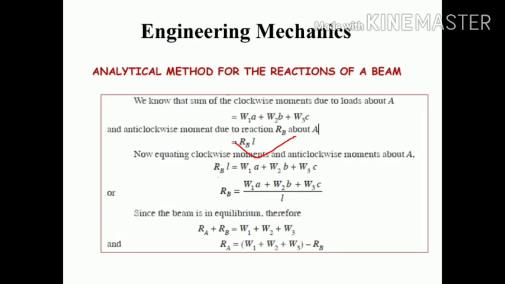According to the law of moments, the clockwise moment equals the anti-clockwise moment. Then RB into L equals W1a plus W2b plus W3c, so RB equals W1a plus W2b plus W3c divided by L. Putting this value of RB into RA plus RB equals W1 plus W2 plus W3, which I already told you previously, we find RA equals W1 plus W2 plus W3 minus RB.